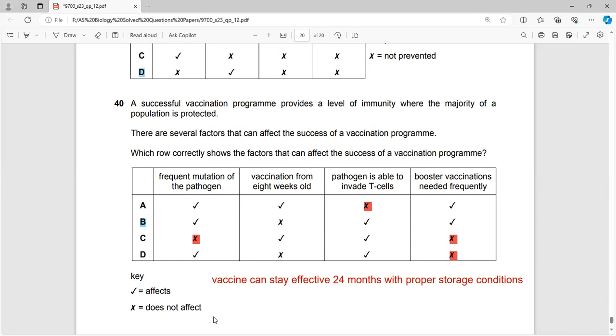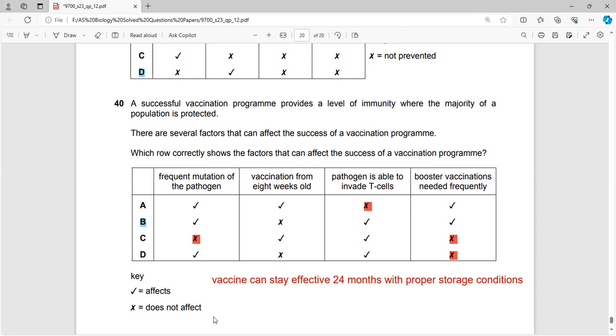For example, if you vaccinate against one type of pathogen and it turns into a type 2, like what is happening with the coronavirus, which is getting different variants. In the same way, it happened with AIDS. So if you are producing one type of vaccine, and it has frequent mutations into another strain, that creates a problem. So the vaccine becomes ineffective regarding that. So that's one. This option is correct.